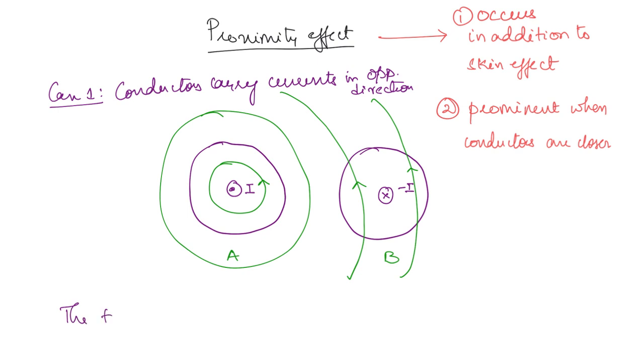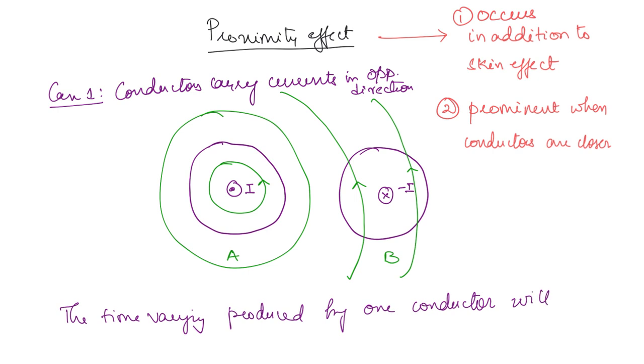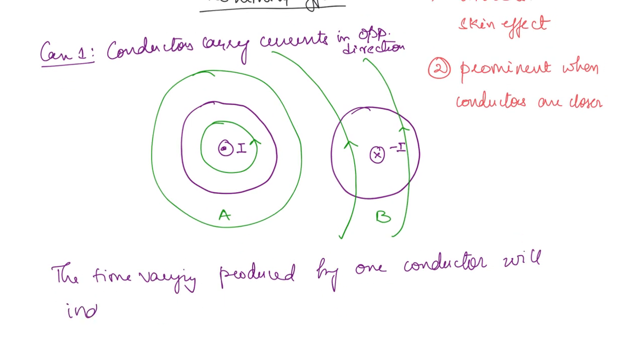So the time varying magnetic field produced by one conductor will induce currents in the second conductor. This is the time varying magnetic field.